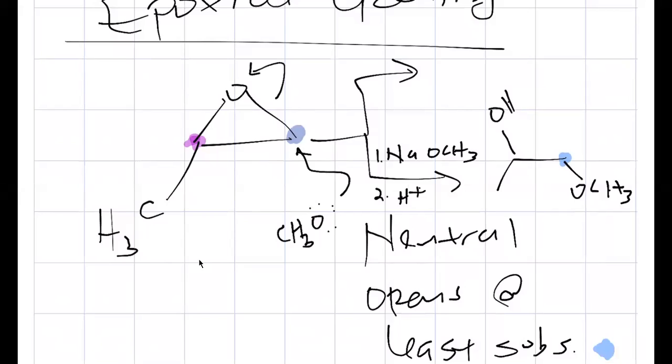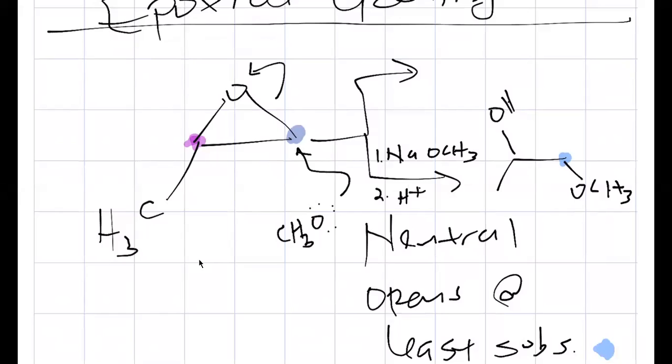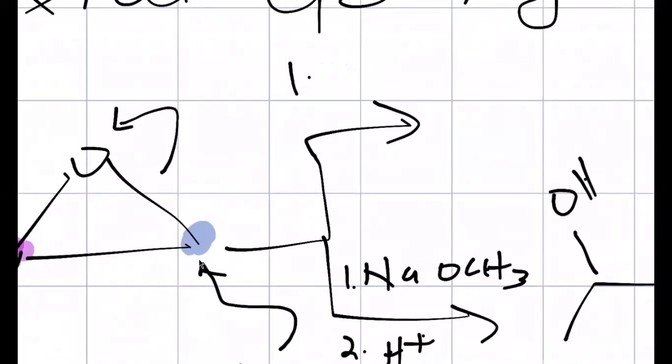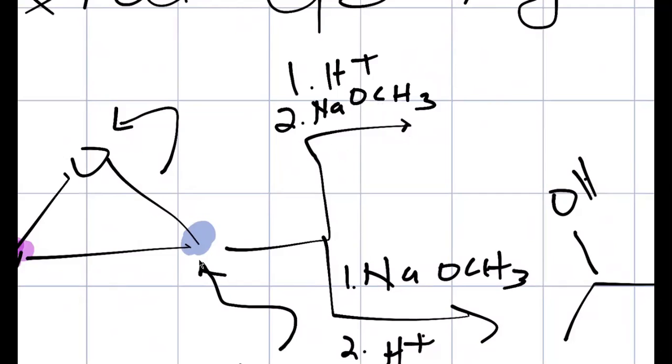All right, if I treat it with acid first, so if I first treat it with acid, and then treat it with sodium methoxide, right, that gives me a totally different product.